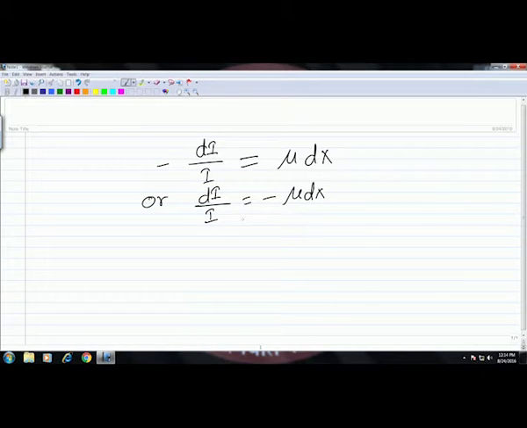Now, if you integrate this, this is what you will get.